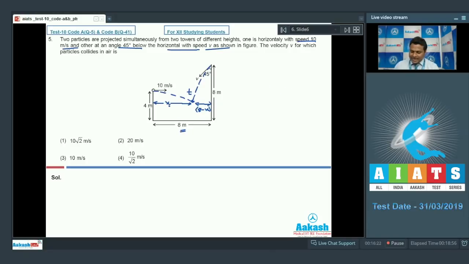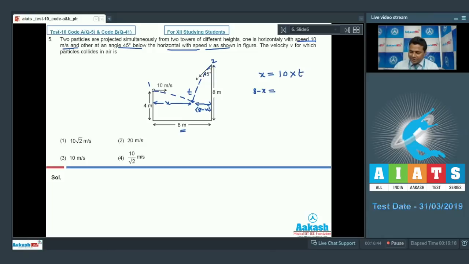We can write x is the horizontal distance for particle number 1. This is particle number 2. So we can write x equals horizontal velocity, that is 10, multiplied by time, 10 into t.